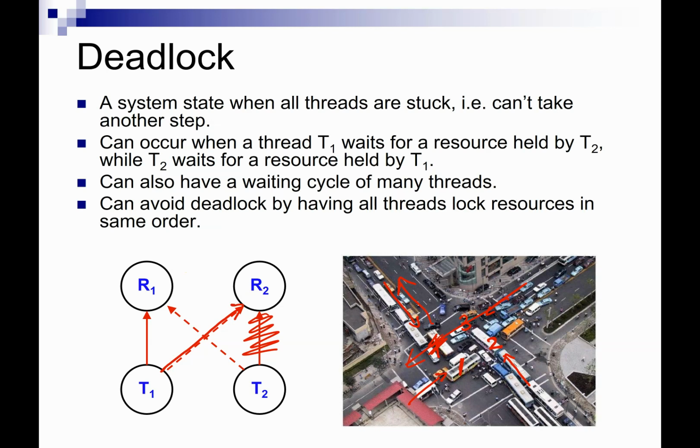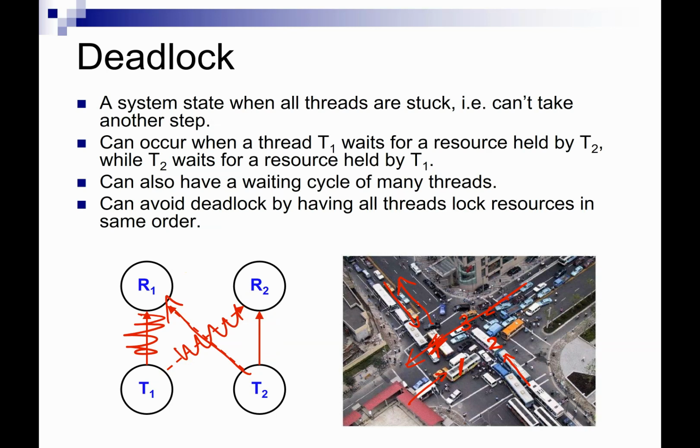Eventually T1 is going to finish its operation, and then it's going to release both R1 and R2. And at that point, T2 can get R1, and then it can also get R2, and that way T2 can proceed.